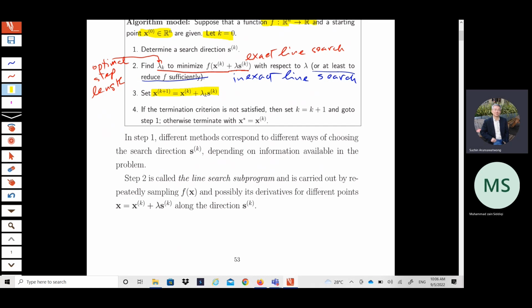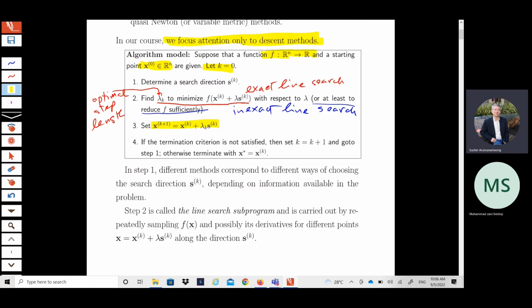Okay, so as I said, step 2 is called the line search procedure. A line search procedure is the procedure by which we find the step length, the lambda k.